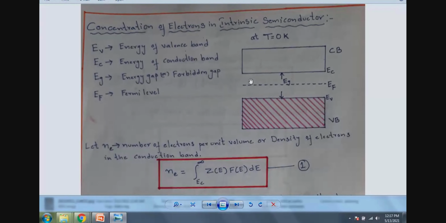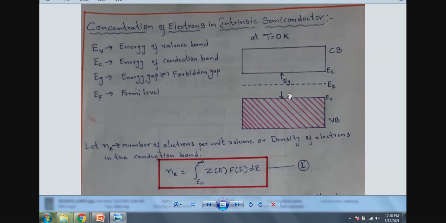So you have a diagram here. This is the valence band and this is the conduction band. The separation between the conduction band and the valence band is the energy gap, which is represented as Eg. Just now I said, you can say energy gap, band gap, forbidden gap; it gives the same meaning.